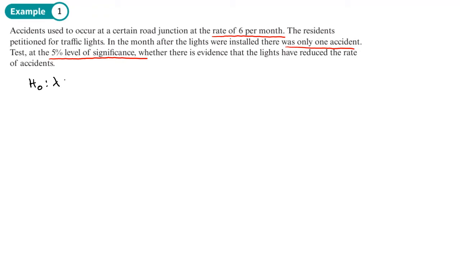So that's going to be that it was 6 and it's not changed. H1 is going to be that it has changed. Now it says that the traffic lights have reduced the rate of accidents. So H1 is going to be that the mean is now less than 6. So that's telling us straight away we're going to be doing a lower tail test. We've got a significance level of 5%.